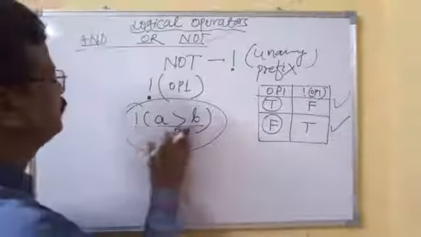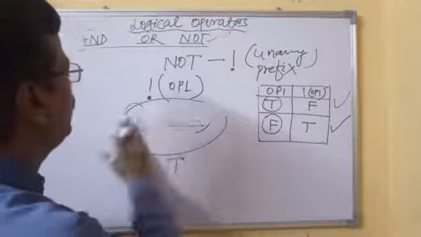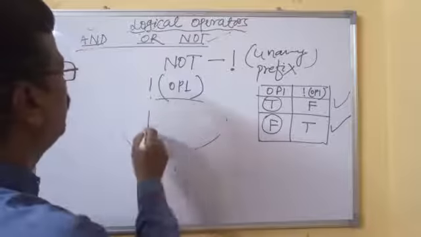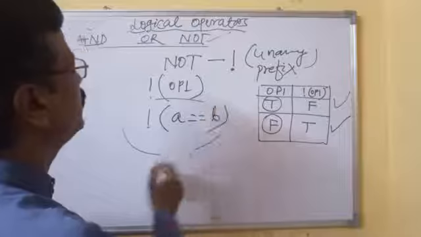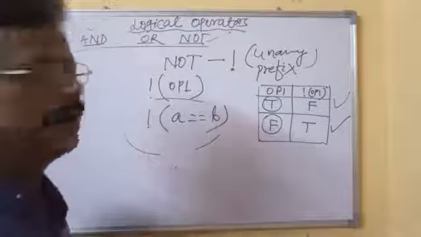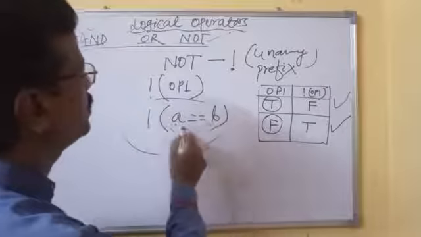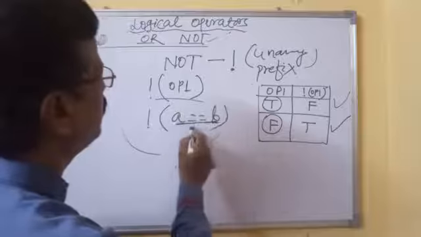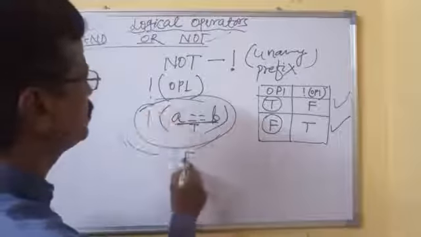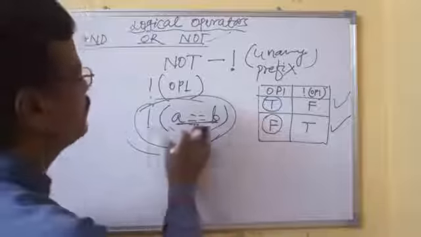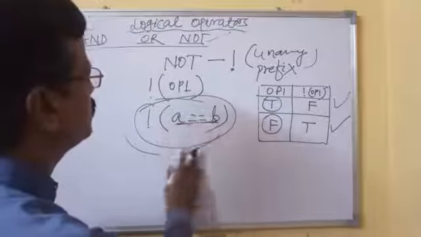Suppose I write not A equals B. That means, if the relation A equals B is true, then this complete expression's answer will be false.